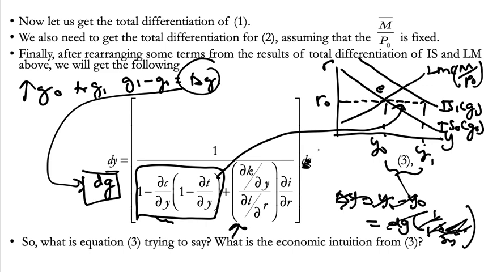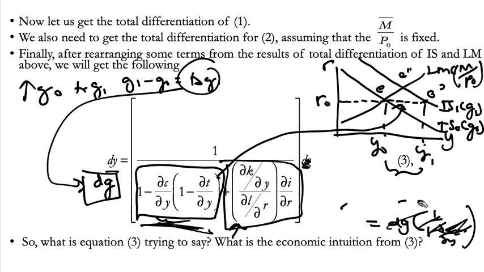So Y0 to Y1 is this bit, and then E prime. From E prime to E double prime is because of this. How to explain it? Let me erase the mess. In this case, from E prime to E double prime, remember, interest rate is allowed to adjust.